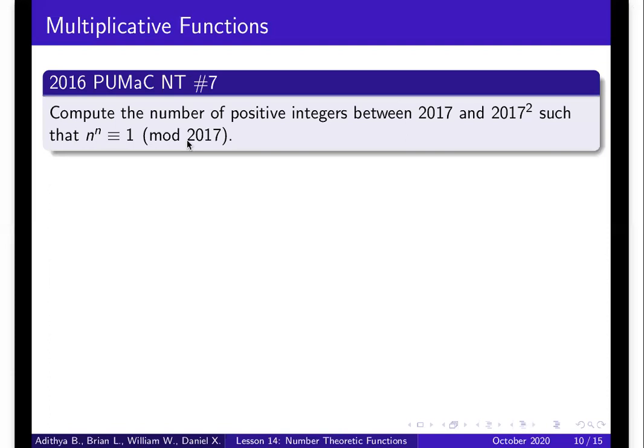Okay, so let's get started. So the first thing is, how do we even start by simplifying n to the n mod 2017? Does anyone have any ideas for this?